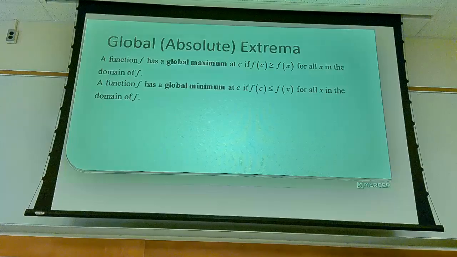Can a function have more than one absolute max or absolute min? Oh, no. Does a function have to have an absolute max or absolute min?